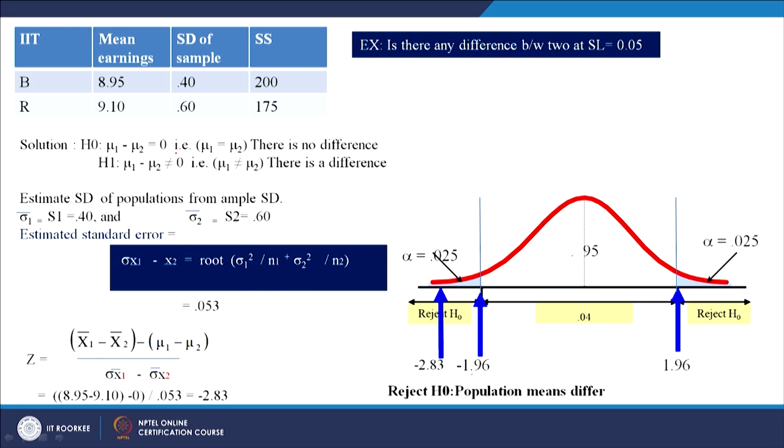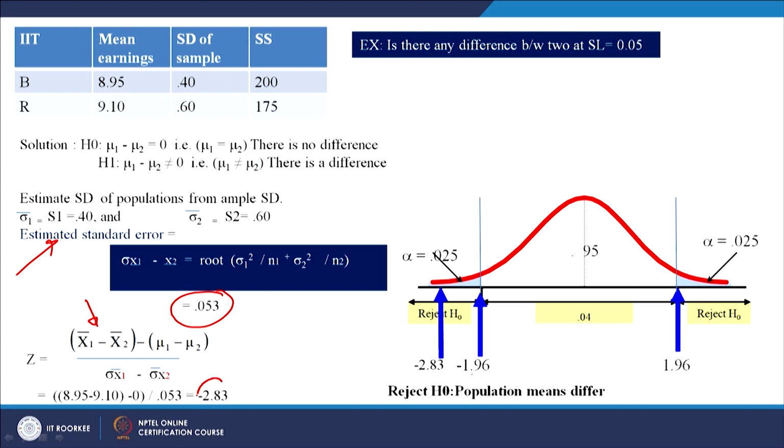So, when you solve this question, this term is equal to 0.053, the estimated standard error is 0.053, and the z value is this.